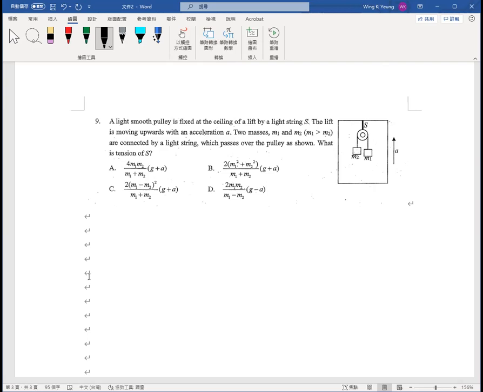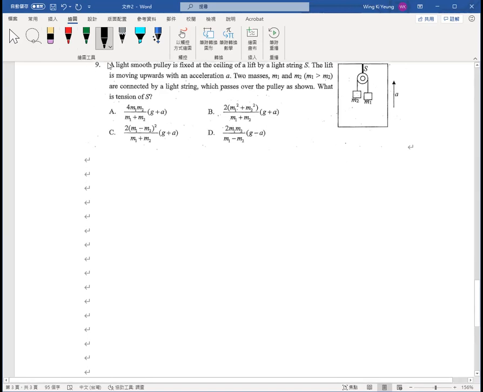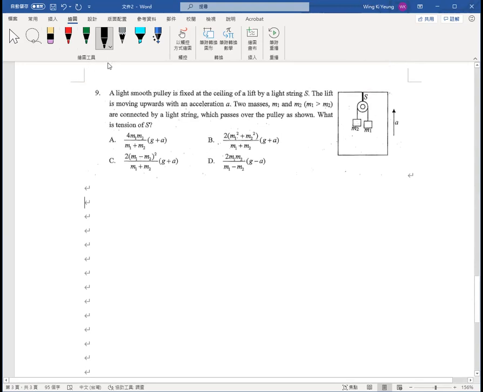And then we want to find the tension S. I know the answer is A. So what does it mean by tension S? It's like this. The S is connected to the pulley, and the pulley is connected to the string. So there's two tensions acting on the pulley. So this tension S is just 2T. So that means you're going to solve this tension and this tension.